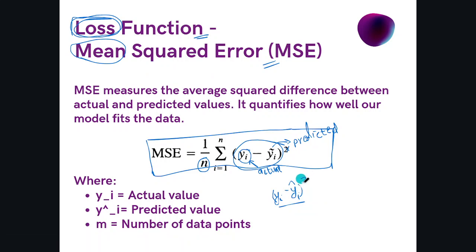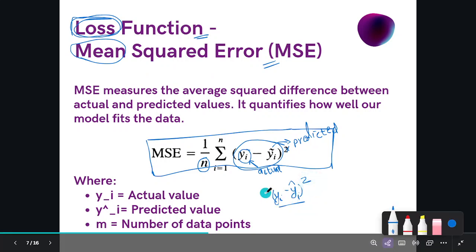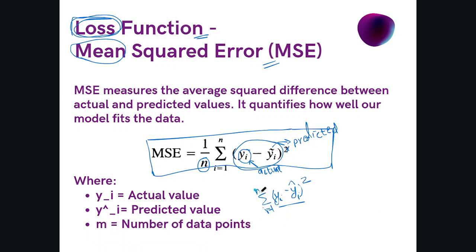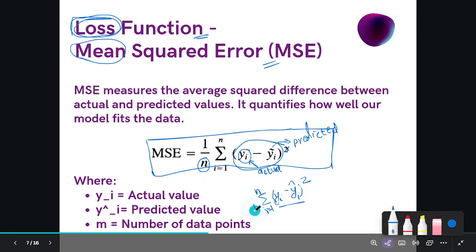So we just square it and then we sum it for n data points, and then we will just average it. This is what mean squared error is.